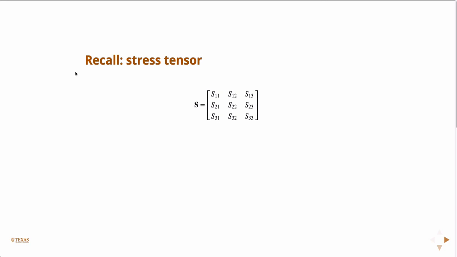So I can replace entries, and you may see that going forward. The only unique entries are above the diagonal, because S21 is equal to S12, S31 is equal to S13, and S32 is equal to S23.